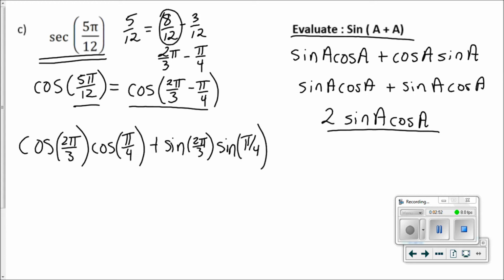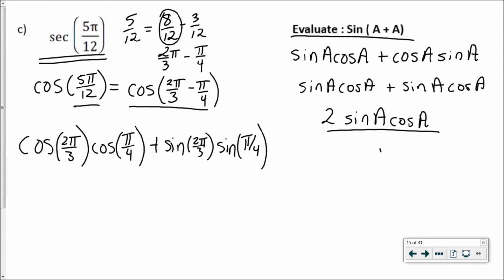And now I think about where these are on the unit circle. So pi over 4 is here. That's my 45-degree angle, and I have root 2 on 2, root 2 on 2. And 2 pi over 3, that's over here.